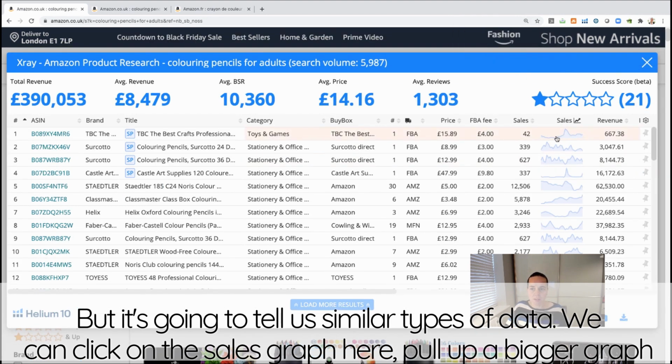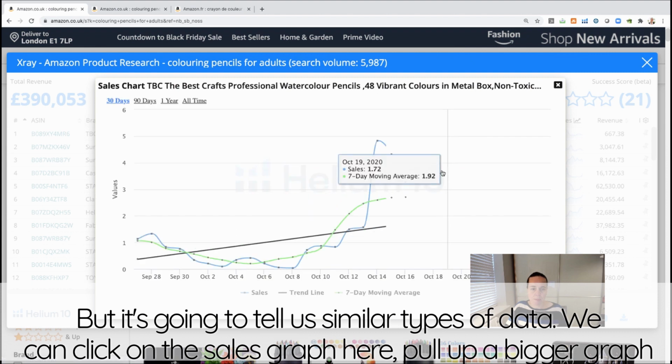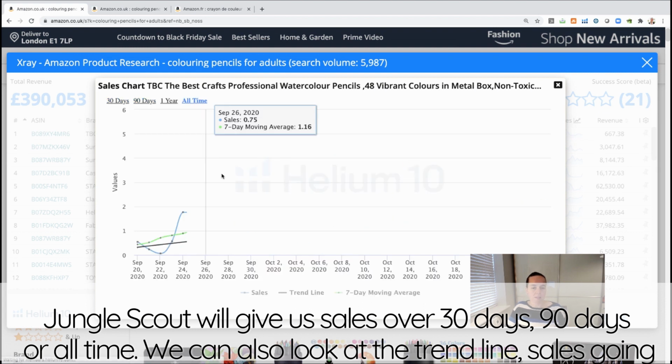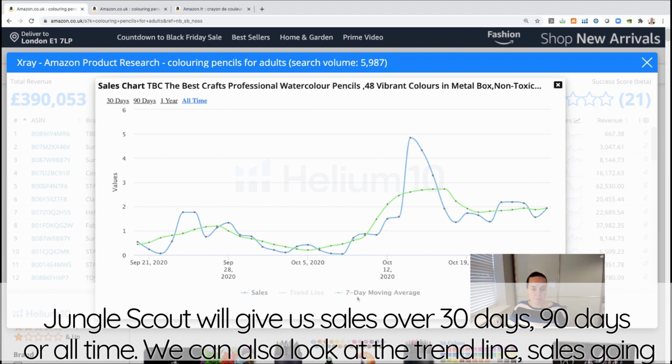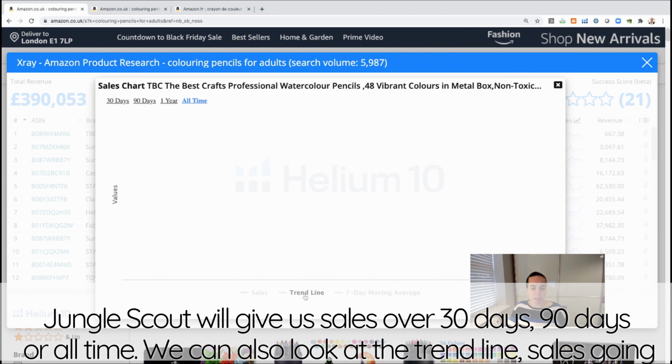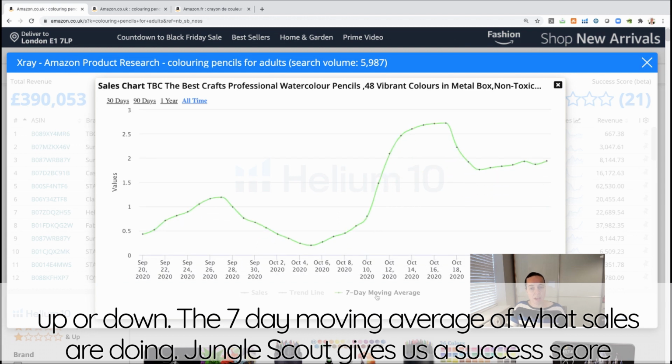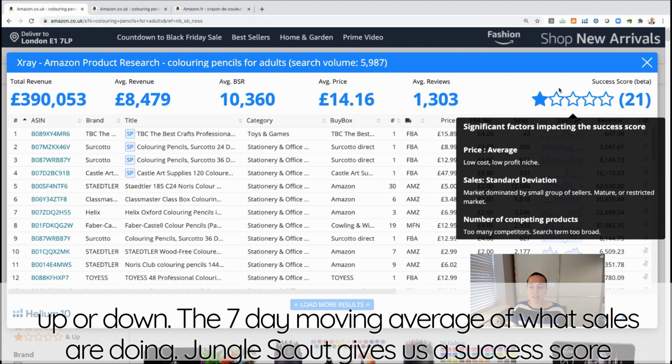We can click on the sales graph here, pull up a bigger graph. It will give us the sales over 30 days, 90 days, or all time. We can also look at the trend line, sales going up or down, the 7-day moving average of what sales is doing. It's going to give us a success score.